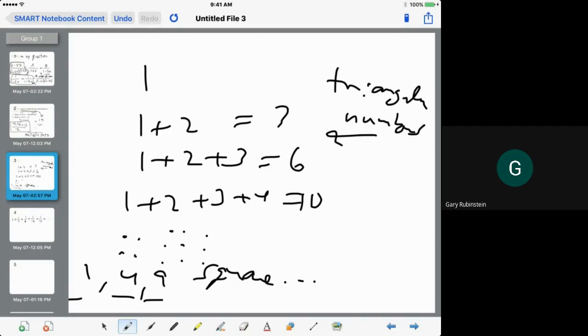Back when they called 1, 4, and 9 square numbers, they also would call numbers like 1, 3, 6, and 10 triangular numbers, because you can arrange them into an equilateral triangle. And in bowling, there are 10 pins, which we could arrange into an equilateral triangle.